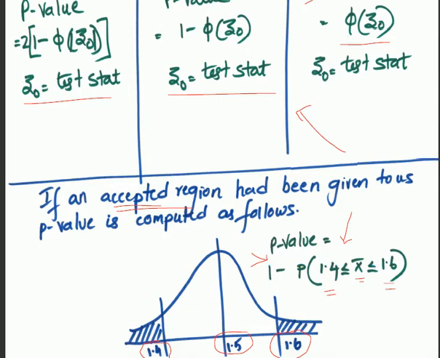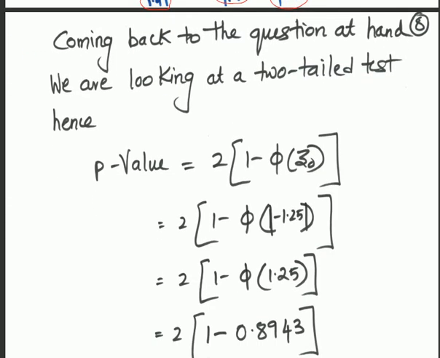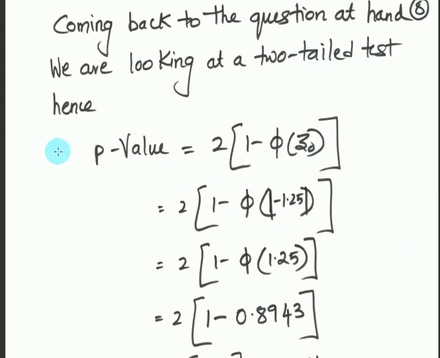Alright, so let's figure out how to compute this. Coming back to the question at hand, we're looking at a two-tailed test. So we know that the p-value is 2 times 1 minus phi of z naught. Phi is simply a notation for the z value of negative 1.25.